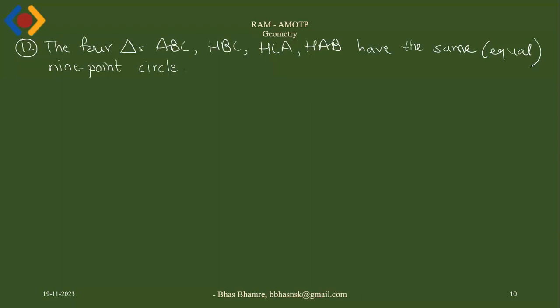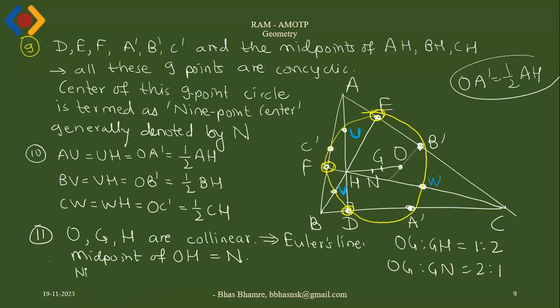In the 11th result, the 9-point radius is half of the circumradius of triangle ABC, which is obvious because triangle A prime, B prime, C prime has the circumcircle, which is the 9-point circle of triangle ABC.